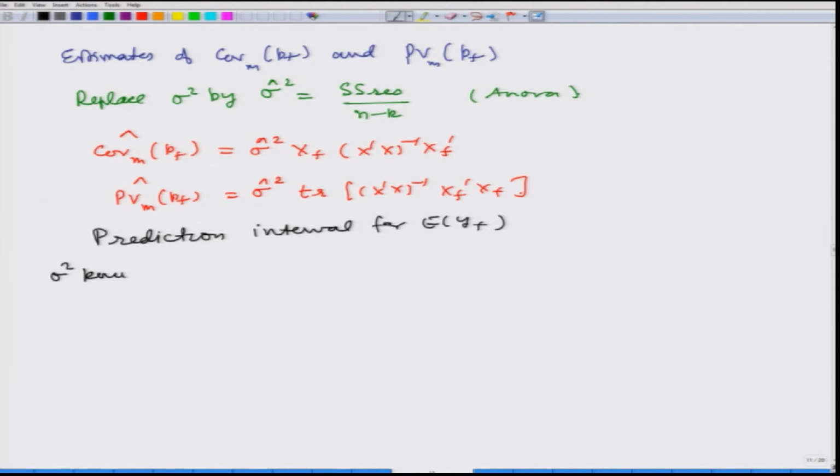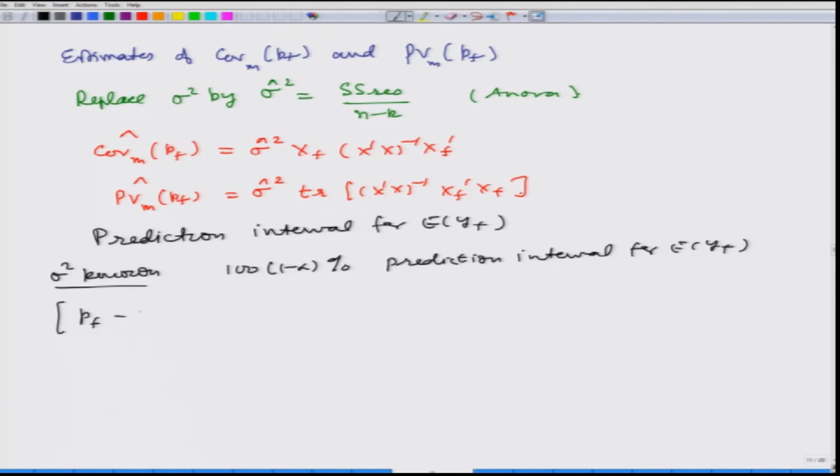When sigma square is known, the 1 minus alpha percent prediction interval for the expected value of Yf is obtained as Pf minus Z alpha by 2 times the square root of the predictive variance of Pf when it is used for mean value prediction, and Pf plus Z alpha by 2 times the square root of the predictive variance of Pf when it is used for mean value prediction.